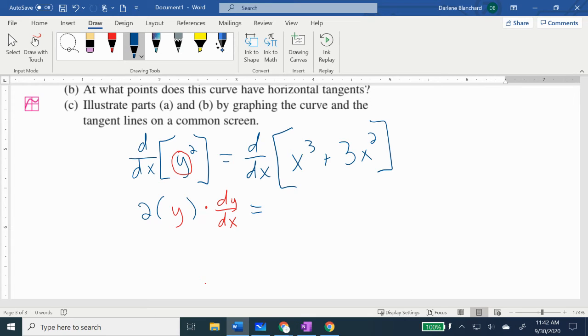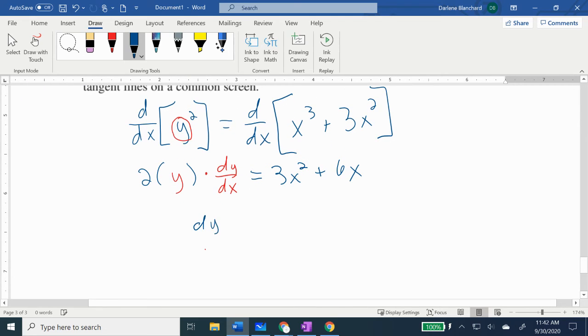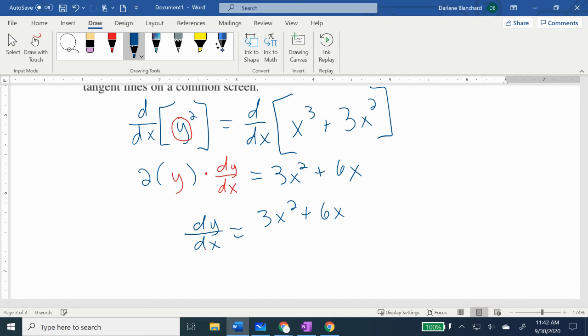Then on the other side, I just have a function in terms of x. So derivative like normal with power rule, 3x squared plus 6x. And that means dy dx is equal to 3x squared plus 6x divided by 2y.